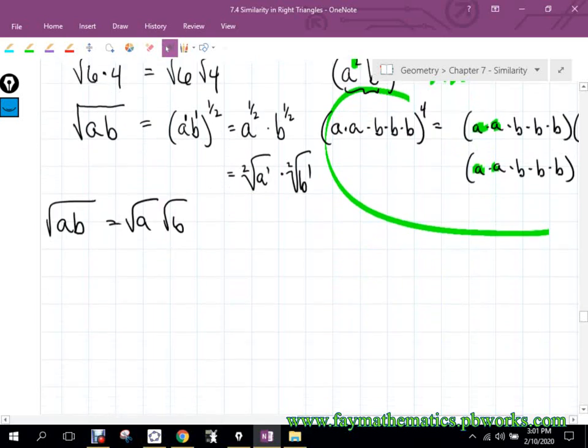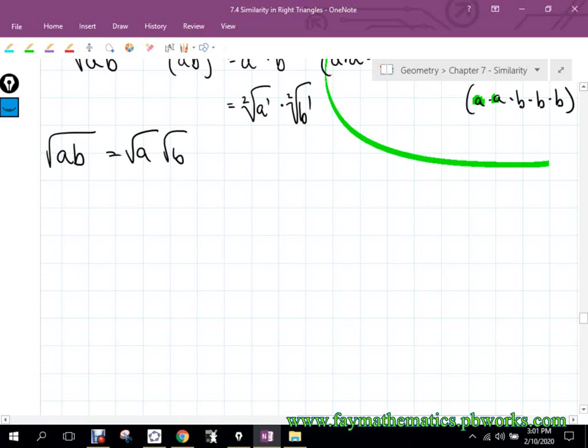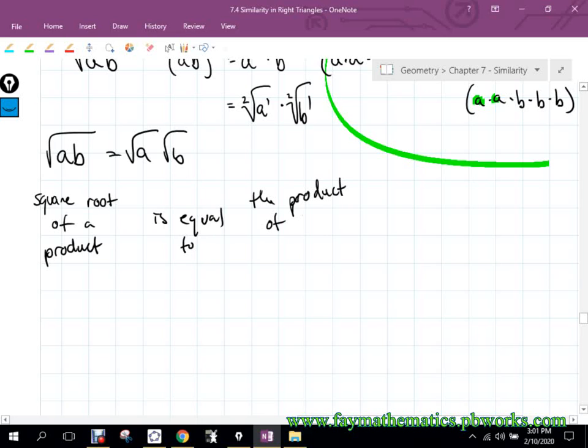So the way we word this, a lot of times they'll say the square root of a product is equal to the product of the square roots.